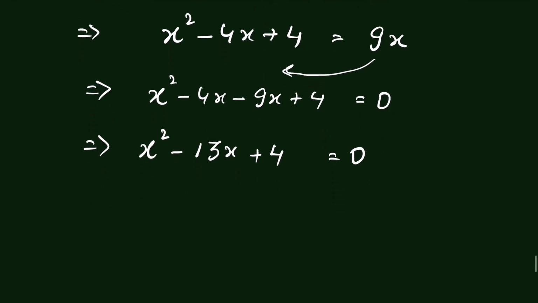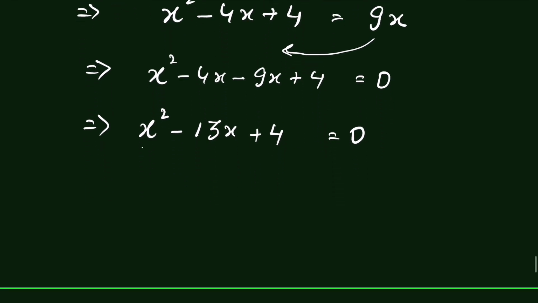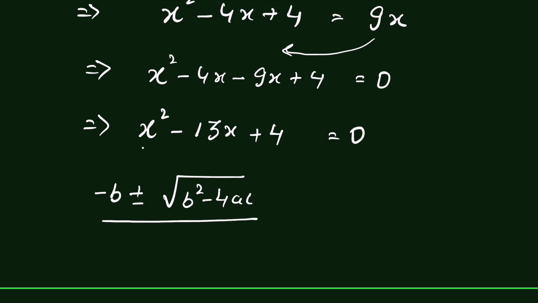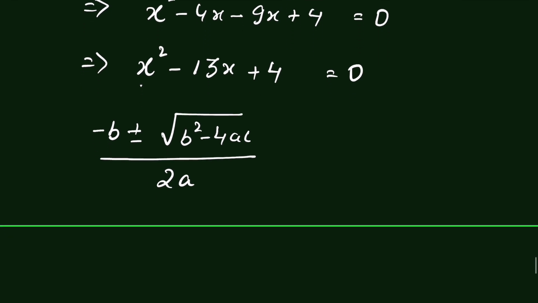Now this is a quadratic equation. We can find the solution for x using the quadratic formula, minus b plus minus square root of b square minus 4ac, upon 2a, where a is equal to the coefficient of x square, that is 1, b here is the coefficient of x, that is minus 13, and c here is 4.